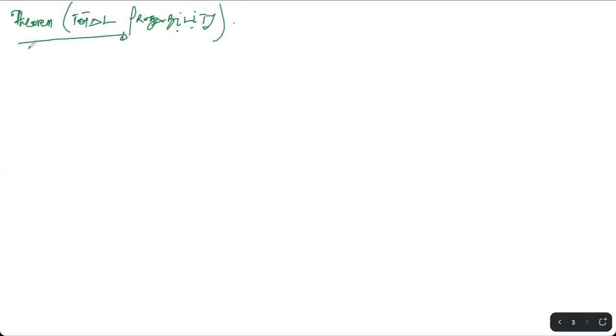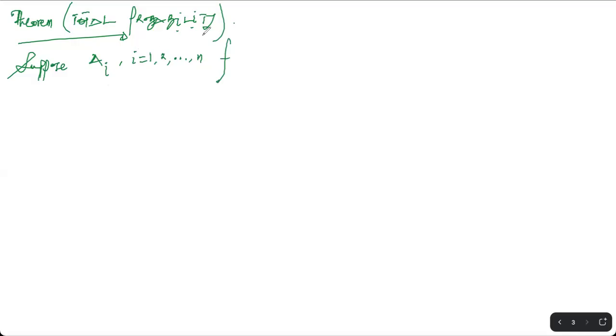It says that suppose AI, where I moves from 1 to n, is a partition.